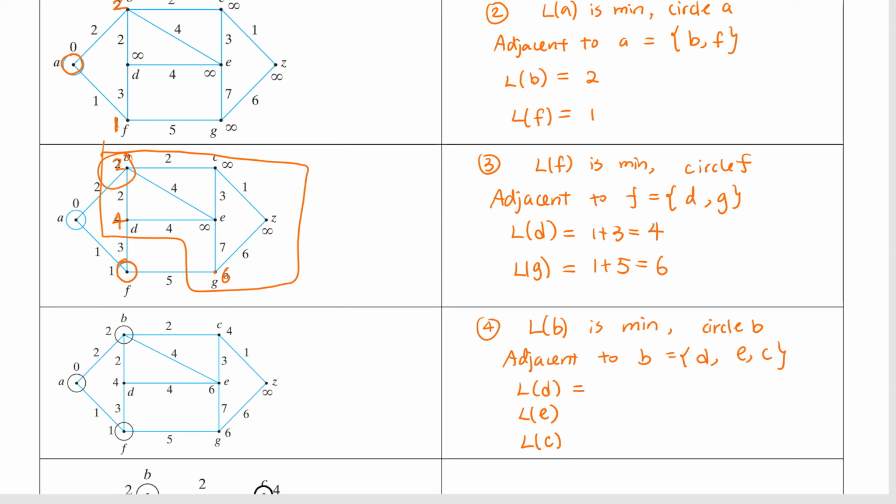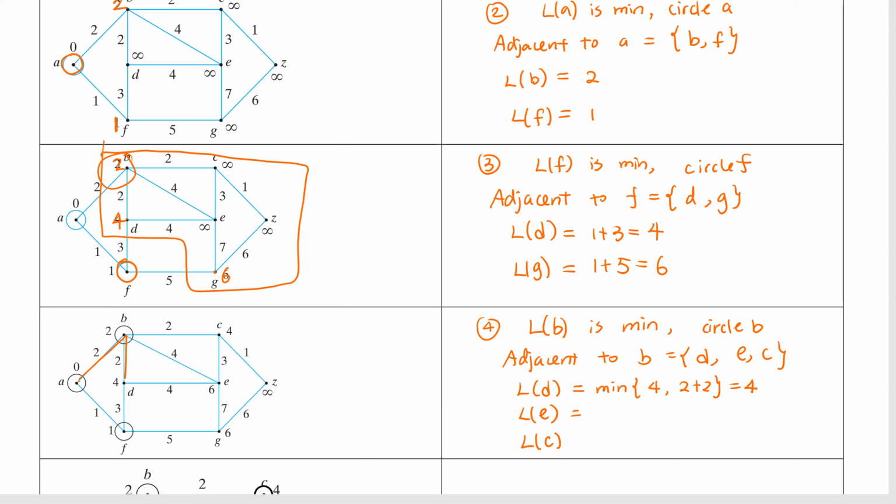LD, we already have a label for D, right? It is 4. So when we talk about LD, we're comparing the minimum of the original temporary label and the path that goes through B. The label of B is 2, and then D is like this, so 2 plus 2 is also 4. So we still have the same label.